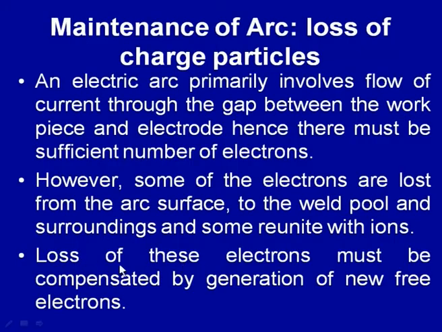So, the loss of these electrons and charged particles in turn decreases their density in the arc gap, which may make the current flow difficult if the density of the charged particles in the arc gap decreases significantly. Therefore, this loss of the charged particles must be compensated by the generation of new free electrons. If you see here in this diagram, we can see these charged particles, say here is a welding arc between the electrode and the workpiece.